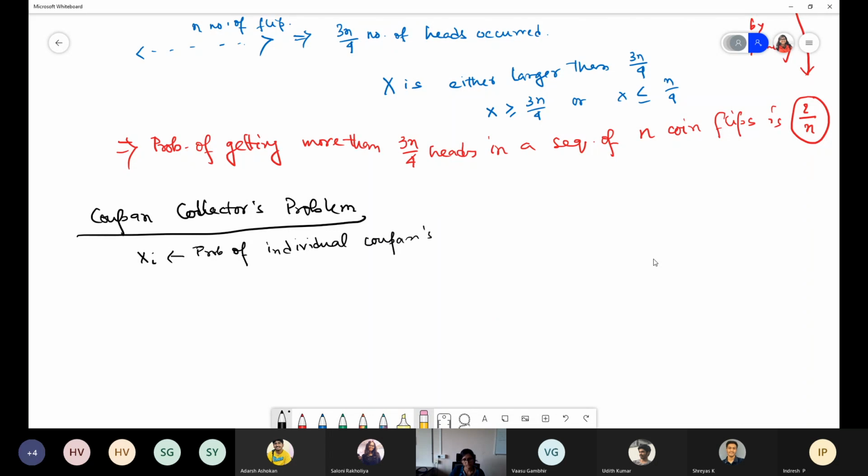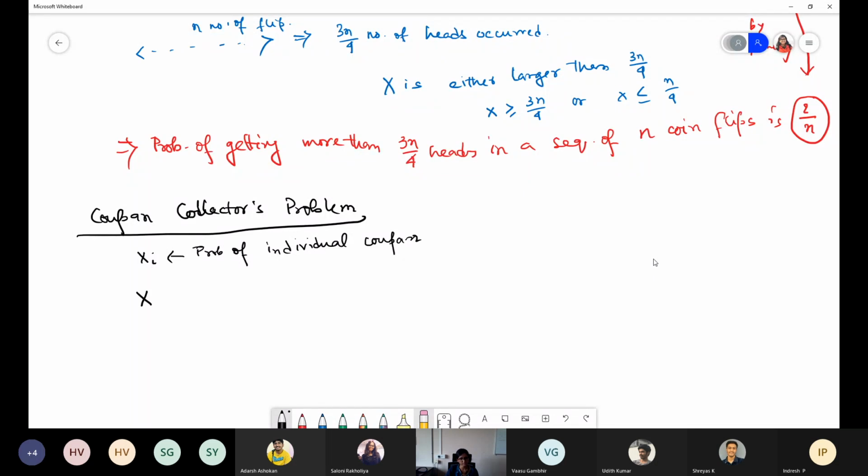Or maybe I can write it this way: if the ith coupon has been collected, whether I can get the next coupon or not, that I can represent in terms of xi.